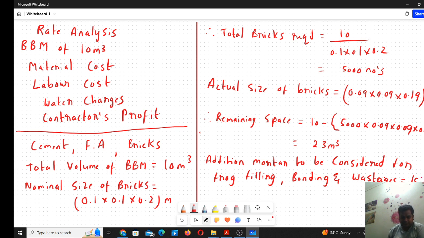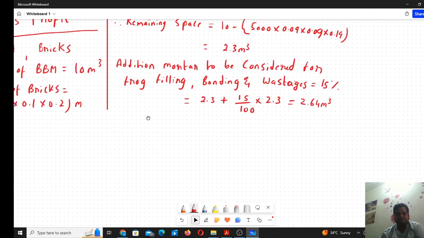So this will be equal to 2.3 plus 15 by 100 into 2.3, which comes out to be 2.64 m cube. This much amount of mortar is required. So this is the 2.64 m cube of wet volume, wet mortar required.